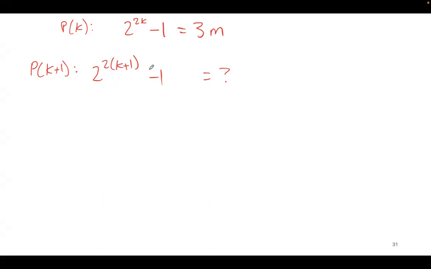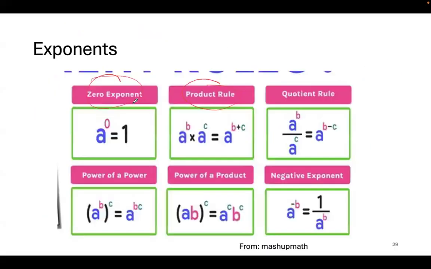Okay, so let's FOIL this out, or distribute this. 2 to the 2k plus 2 minus 1. And then from there, we can separate the exponents, right? Because we have exponent rules where when we've got a plus in the exponent, we can make it 2 to something times 2 to something.